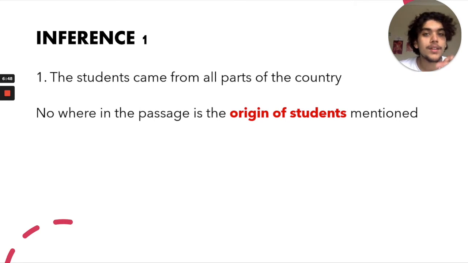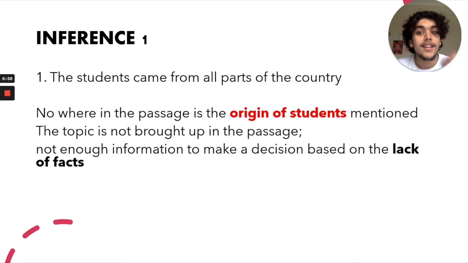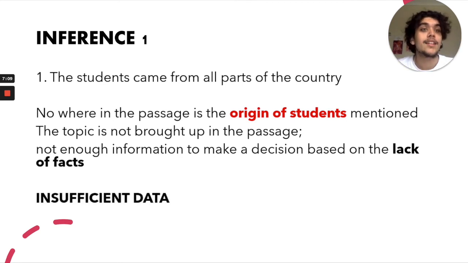Well, nowhere in the passage is the origin of the students mentioned. And as a result, since a topic is not brought up in the passage, or, as we previously discussed, there's not enough information to make a decision based upon the lack of facts, we can categorize this type of inference in this instance as one being with insufficient data.